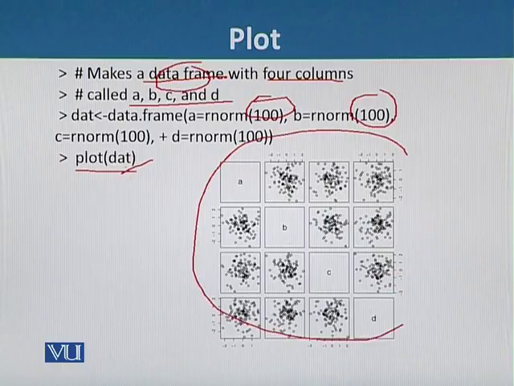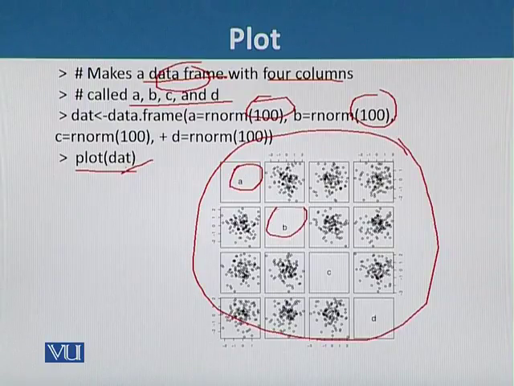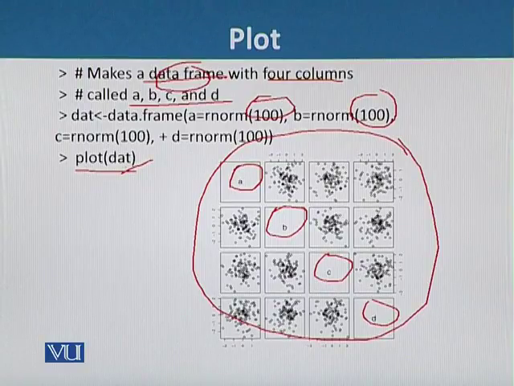This type of frame plot will be generated, and we can see the A column, B column, C column, and D column. Different types of plots are generated within one figure.